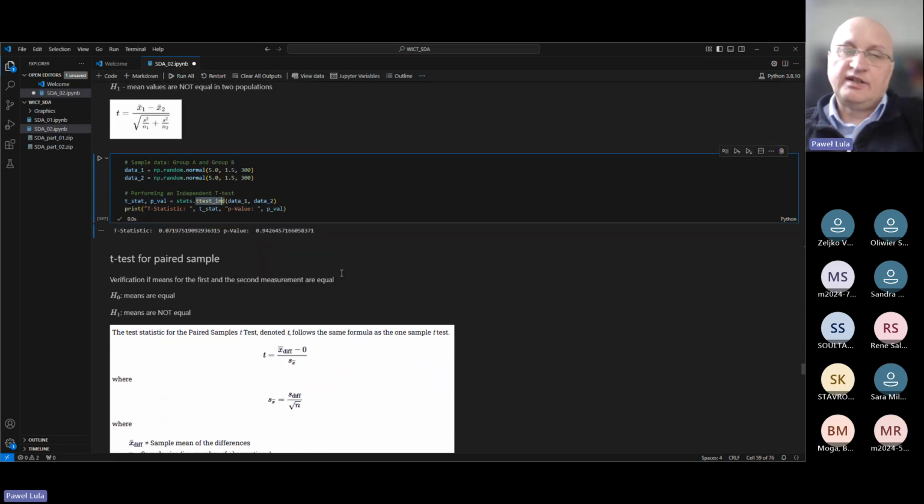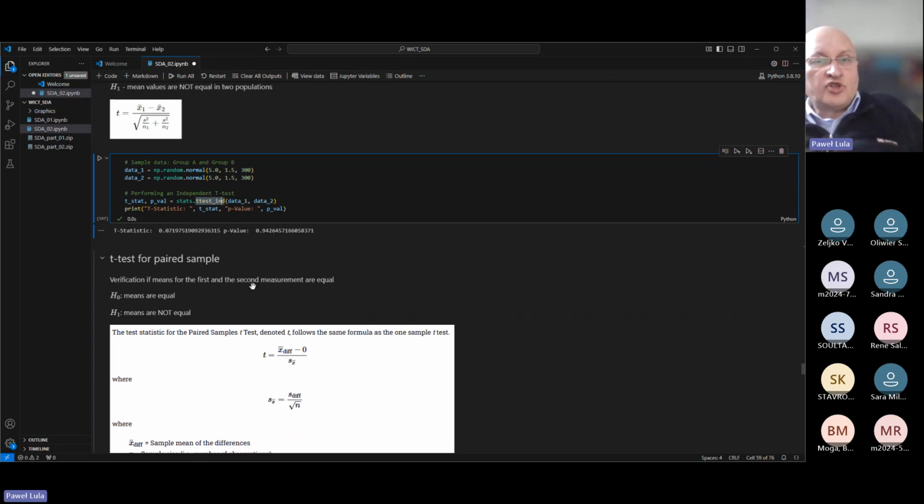And the third situation. The situation also is very important. For example, in medicine, or also in education activity. We have some objects, and we check a value of a given variable for every object twice. For example, before and after medical treatment.